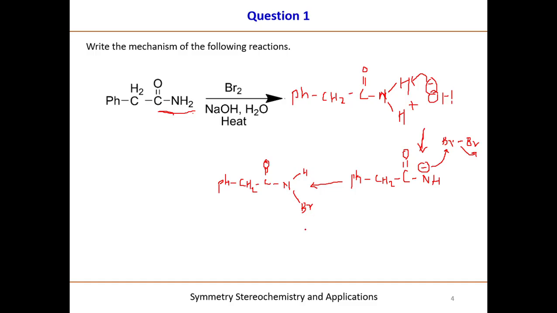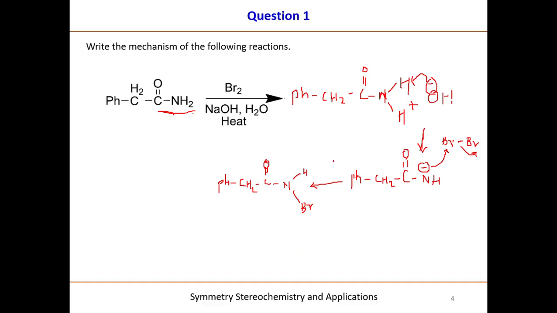What will be the second step? In the second step, deprotonation takes place followed by the migration of the alkyl group. Again, because we are doing rearrangement reactions, in rearrangement reactions the migration takes place. So first we will observe here the deprotonation again.